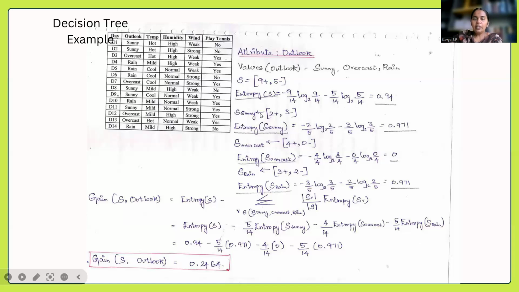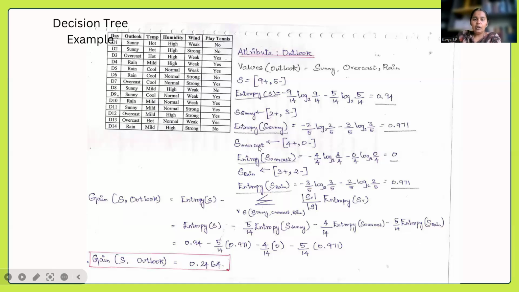Similarly, the number of sunny days out of 14 is 5, where I play tennis on 2 sunny days and do not play tennis on 3 sunny days. So 2 plus and 3 minus. On calculating the entropy of sunny, I receive the value 0.917.